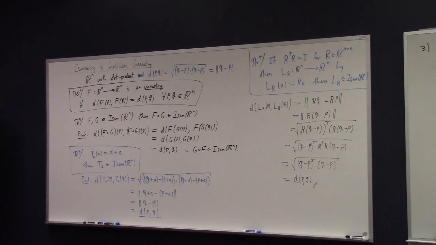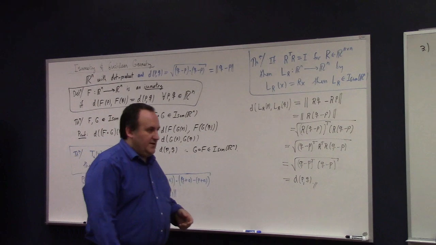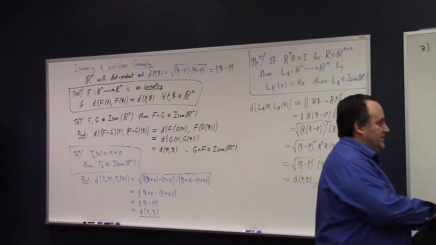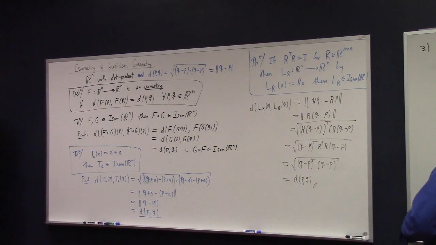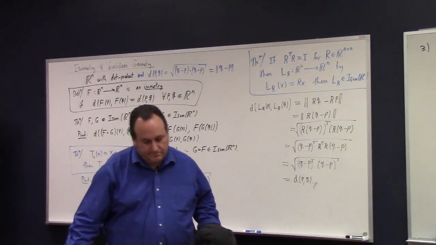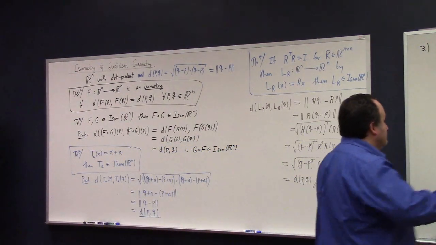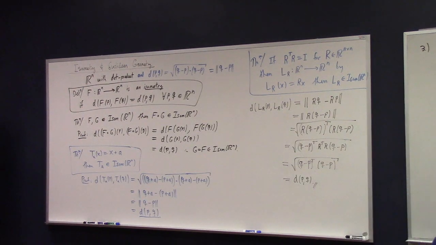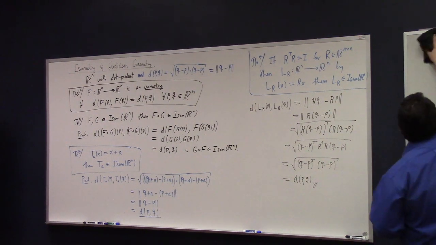So we got translations, we got rotations. So what do you guys think? What is the set of all possible isometries on Rn? Notice that my definition of isometry, to be clear, is that f is a function which preserves the distance between points.